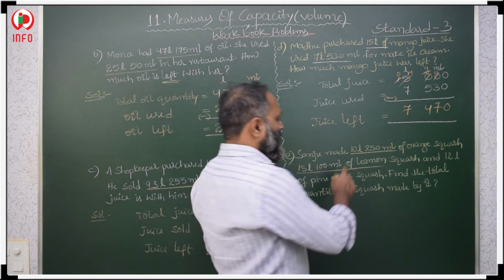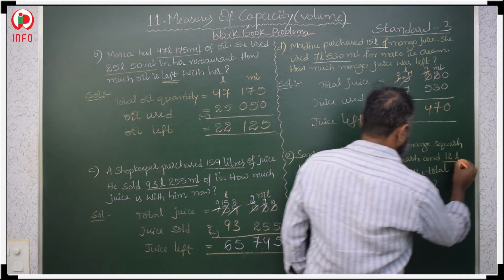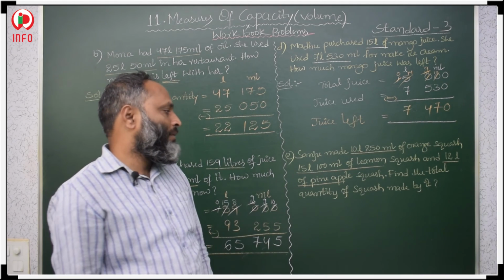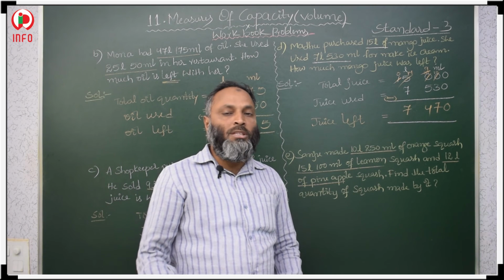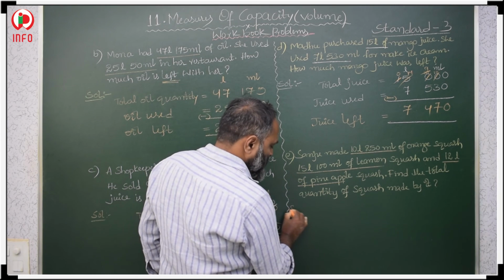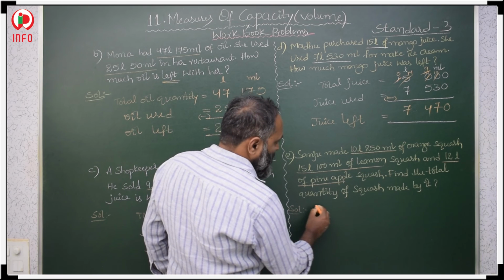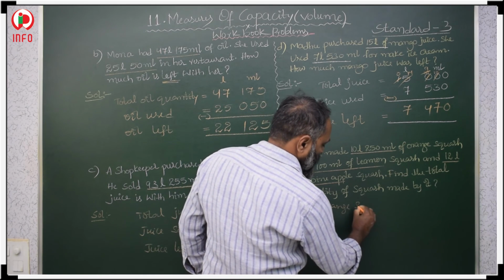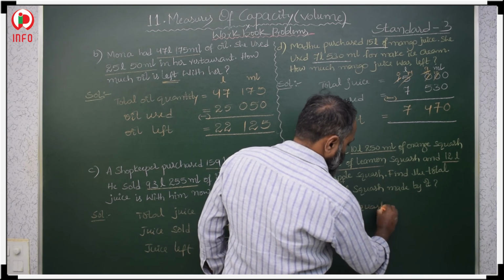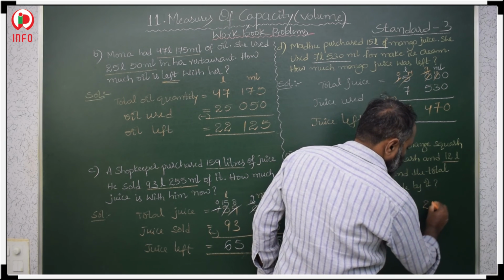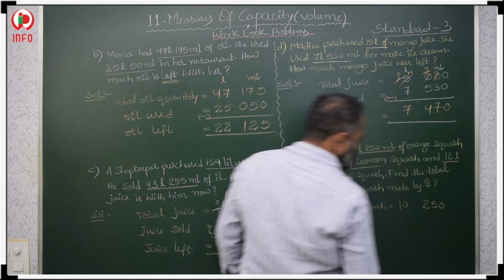So lemon and pineapple are given. Then the total quantity of squash made means we have to add all three. So first orange squash, ten liters 250 milliliters.